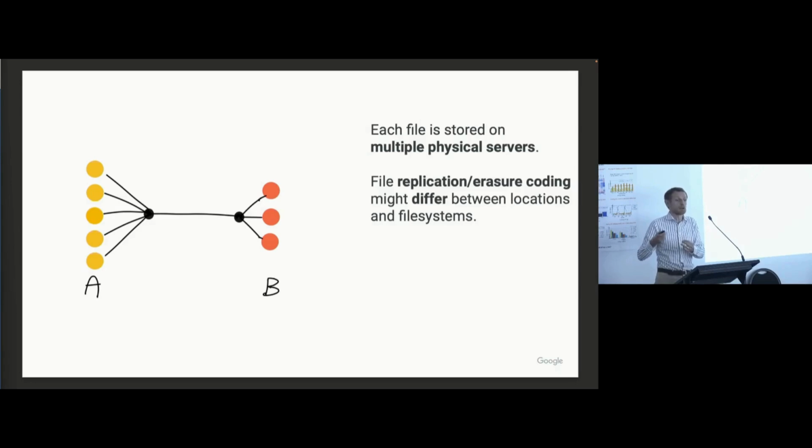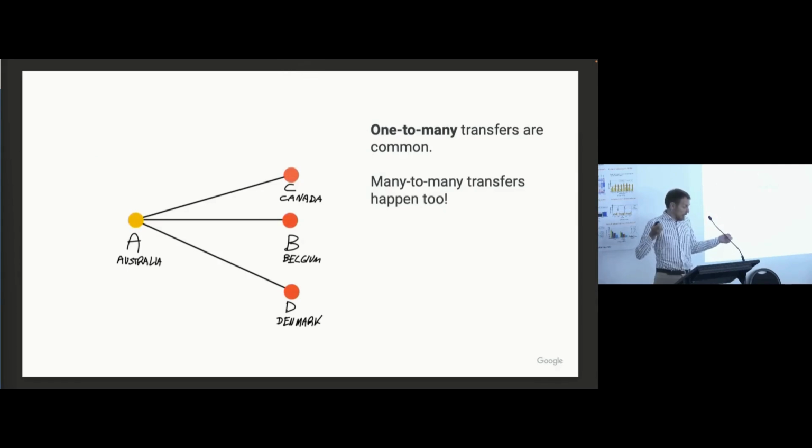For instance, Alice may use something like RAID, and Bob can use something like simple replication. So it's hard to decide how to do an SCP from 5 hosts to 3 hosts, changing encoding in between. Then we have a very common use case to transfer from one source to multiple destinations.